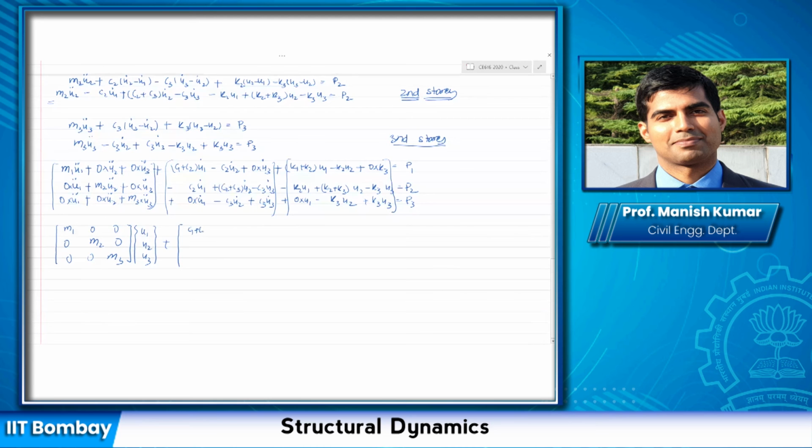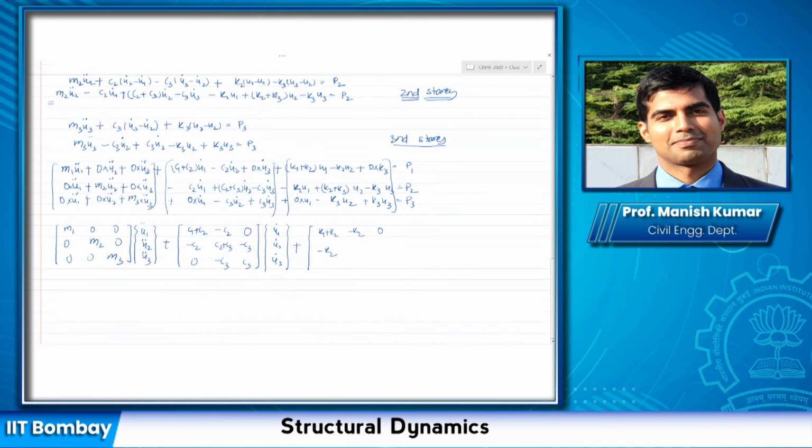For the second case, the coefficient matrix is C1 plus C2, minus C2, 0, then minus C2, C2 plus C3, minus C3, then 0, minus C3, and C3. This is multiplied with the velocity terms U1 dot, U2 dot, and U3 dot, while the first matrix multiplies the acceleration terms U1 double dot, U2 double dot, and U3 double dot. Similarly for the stiffness term: K1 plus K2, minus K2, 0.